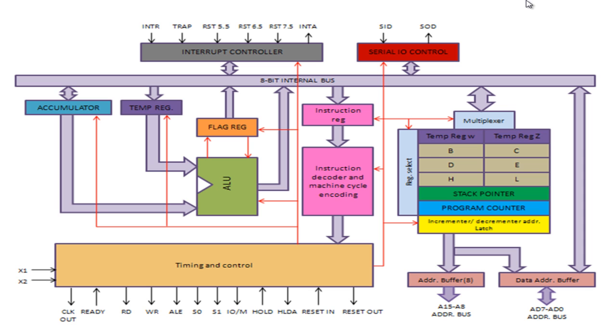The control bus is used to transfer control signals from one block to another block, like from the timing and control signal.